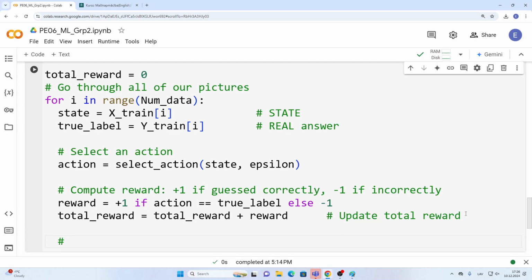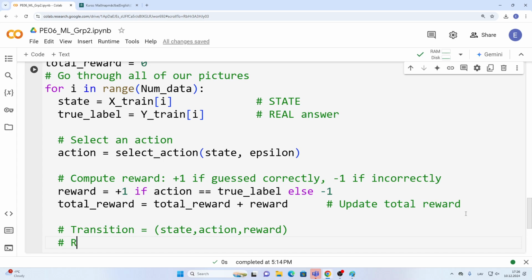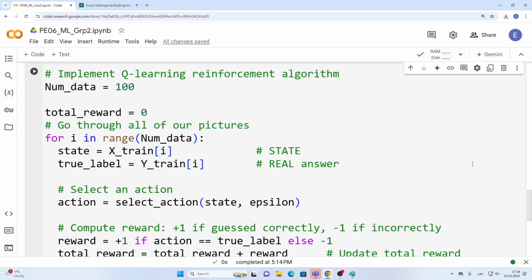Now all of that together, state, action, and reward, provide us the transition. Yes, so transition is state, action, reward, and we are going to collect this transition, record transitions to memory. So basically to track how exactly that works.